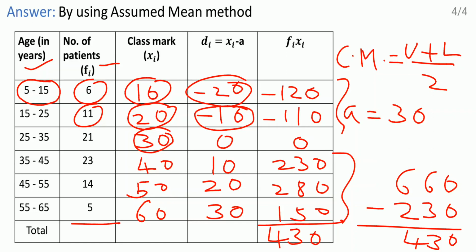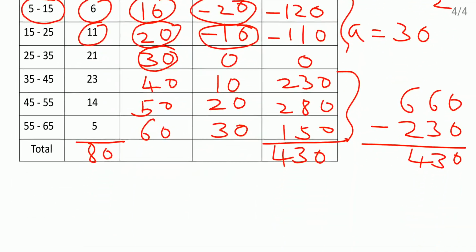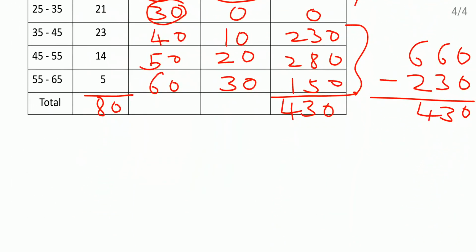And here, total number of patients, how many are there? 6 and 1, 7, 8 and 3, 11, 15 and 5, 20, 28, 38, 48, so the total is 80. So here we are going to use the formula for assumed mean.